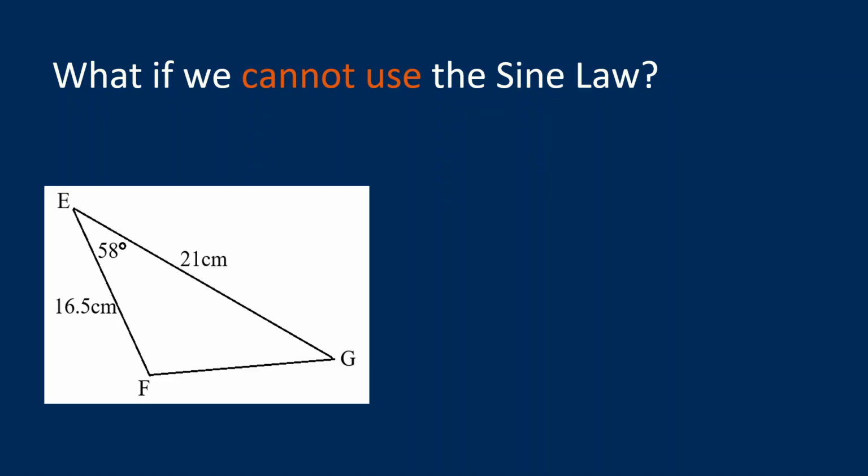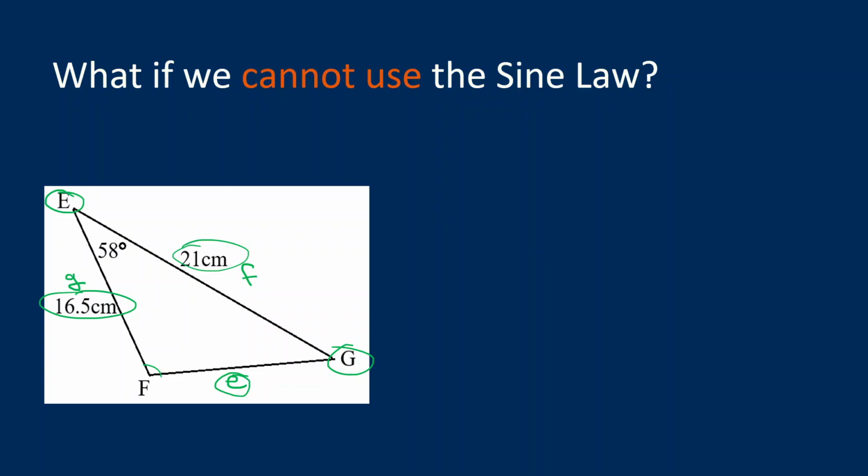So hello, this is triangle EFG. And we can label the sides. So this is little e, this is little f, and this is little g. But you'll notice that I do not know both angle E and side E. I do not know both angle F and side F. I do not know both angle G and side G, meaning I don't have a complete pair of angle and side of the same letter.